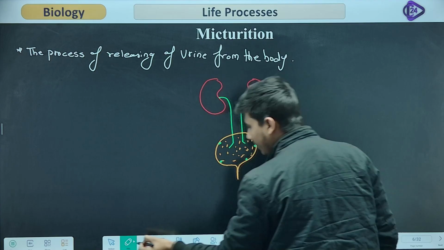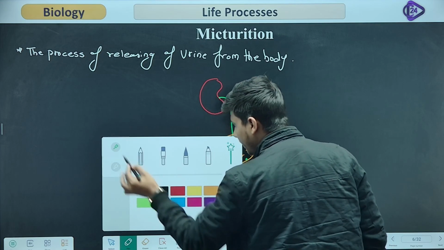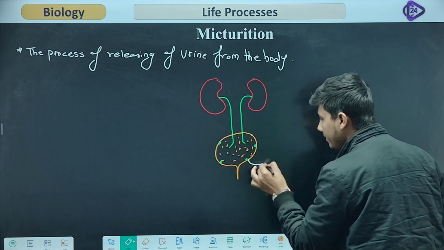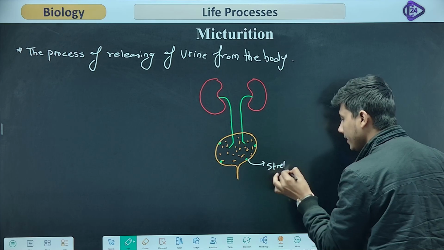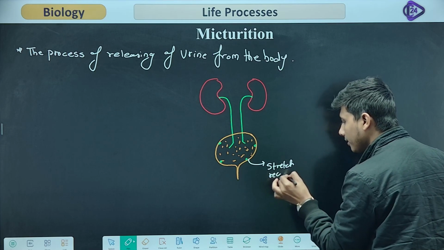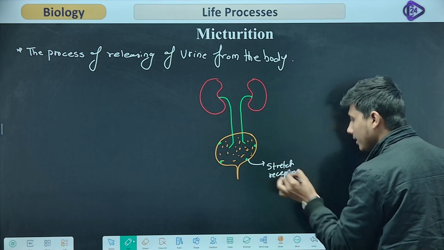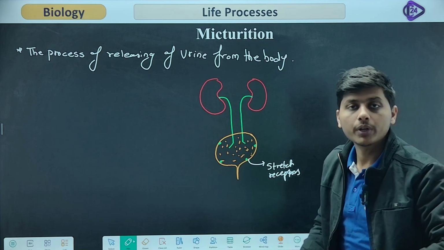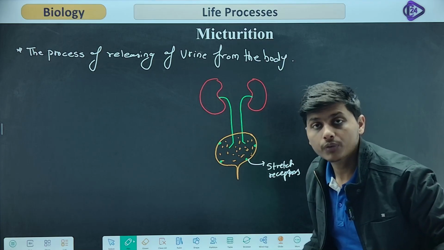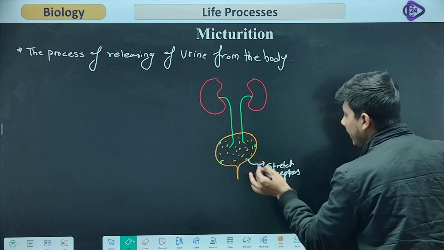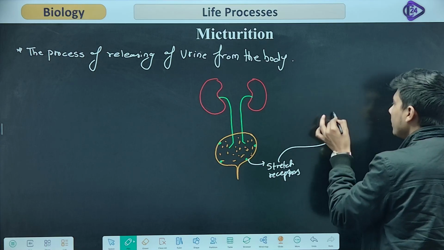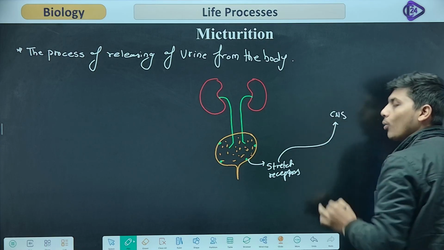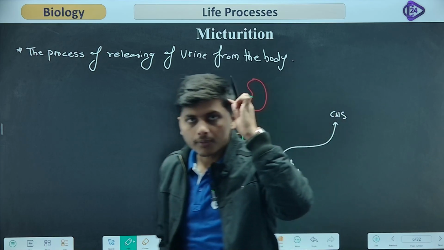These stretch receptors sense the stretching of the urinary bladder and then send a signal to the CNS. What is CNS? Our central nervous system.